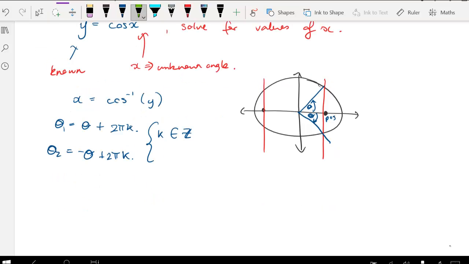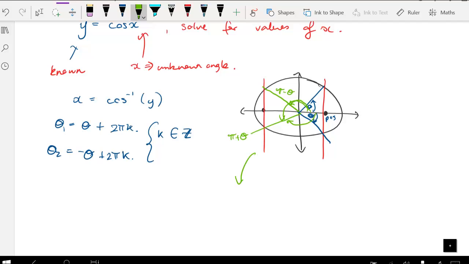If we look at the other side, and we're looking at where we intersect to get this solution, again we've got an angle here, which will be pi subtract the angle, and we've got another angle here, which can be pi plus the angle.